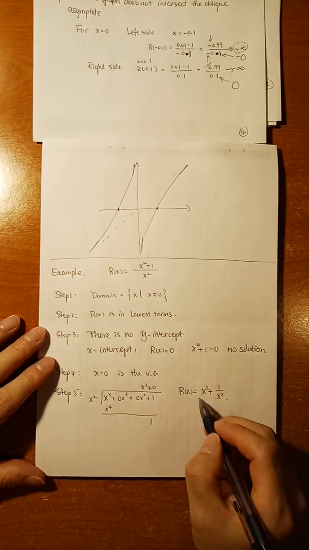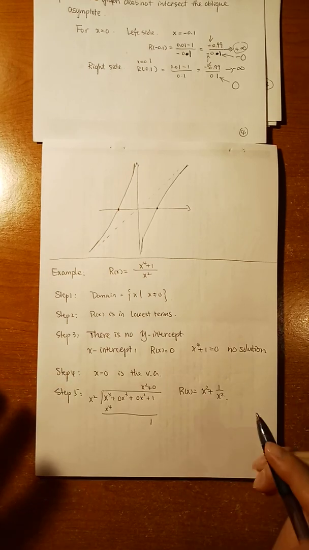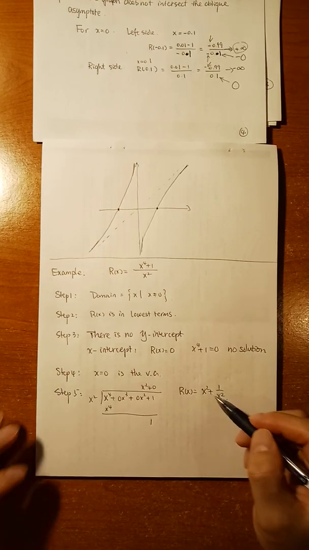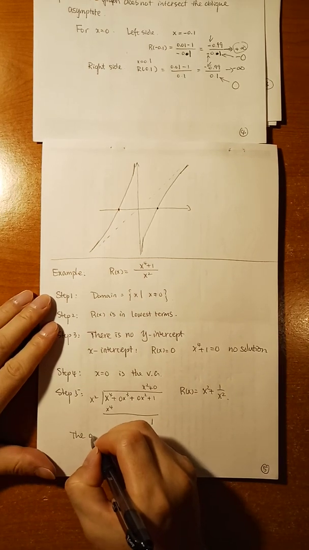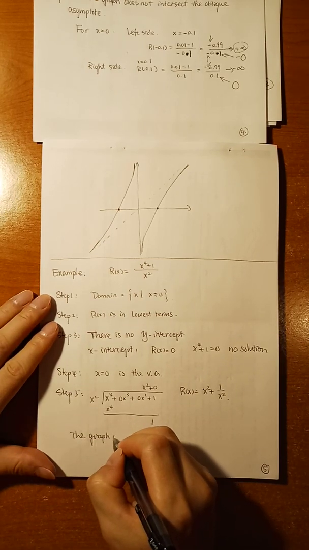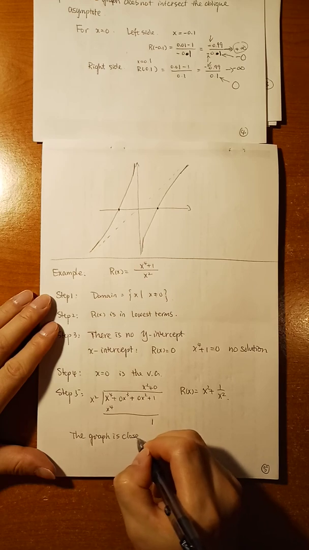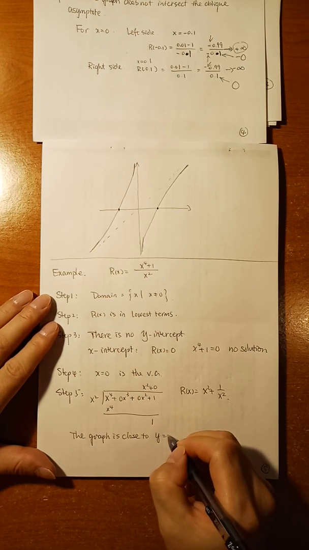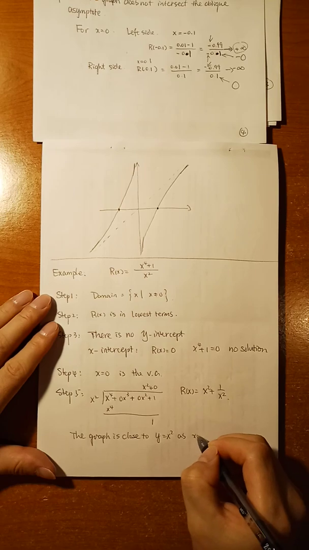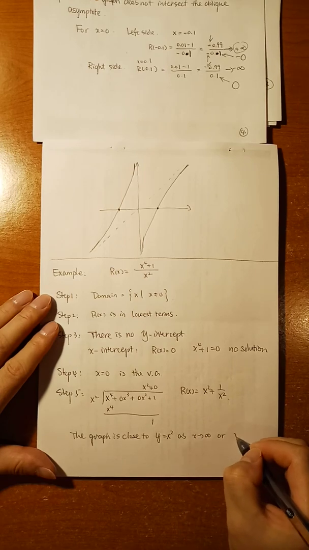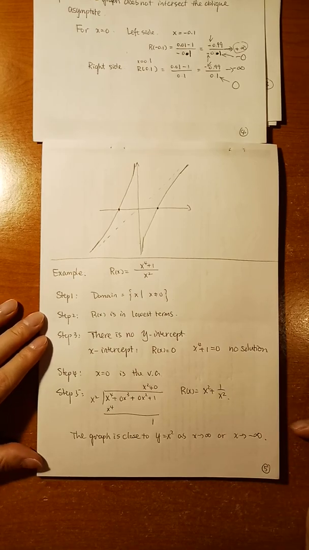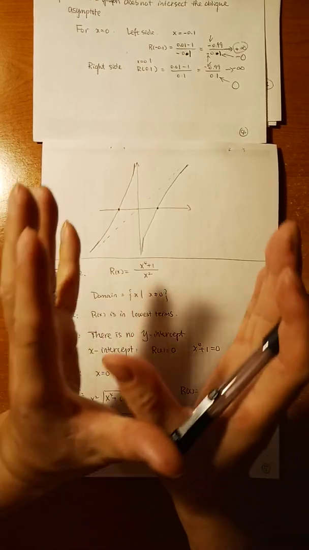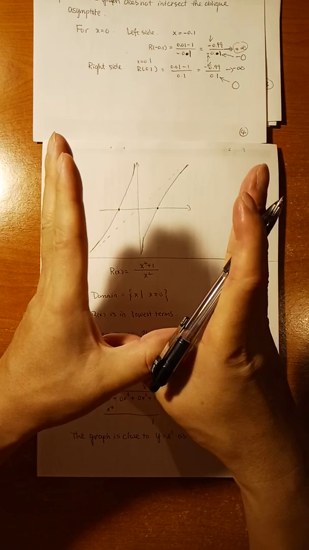So basically it means when x approaches positive or negative infinity, the graph will be close to y equal to x squared. So even though we don't have a straight line, we know more or less the graph is like this. It will be like this, right?